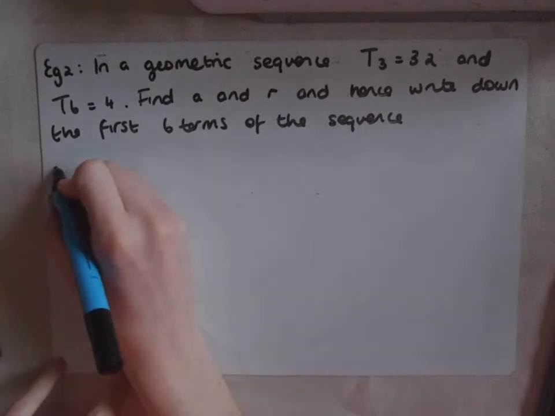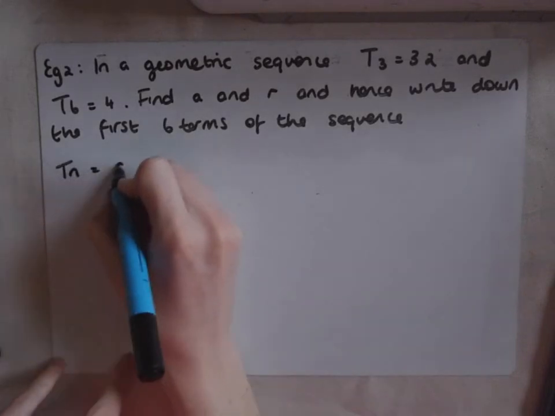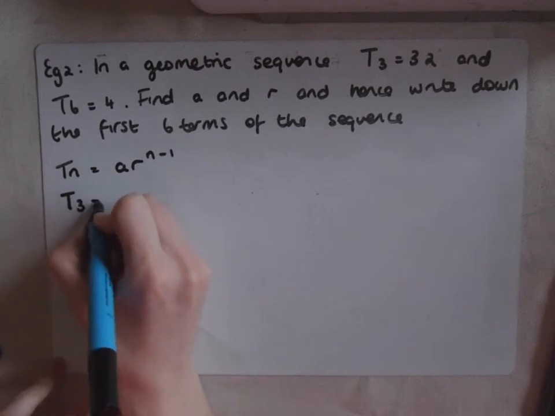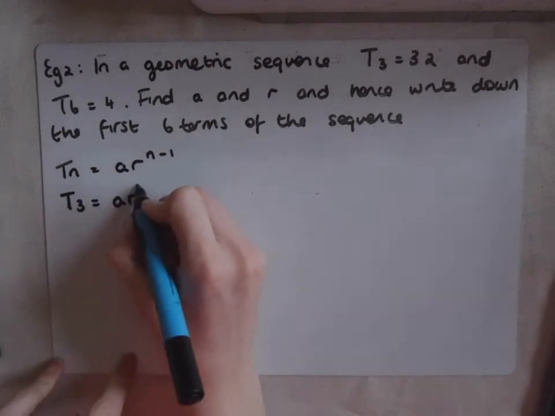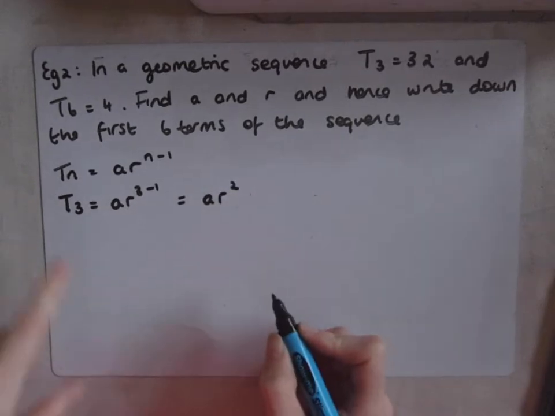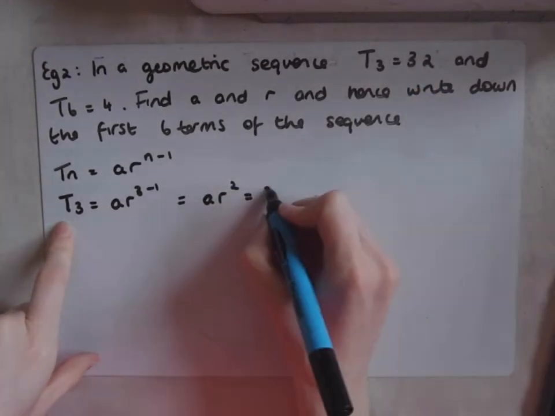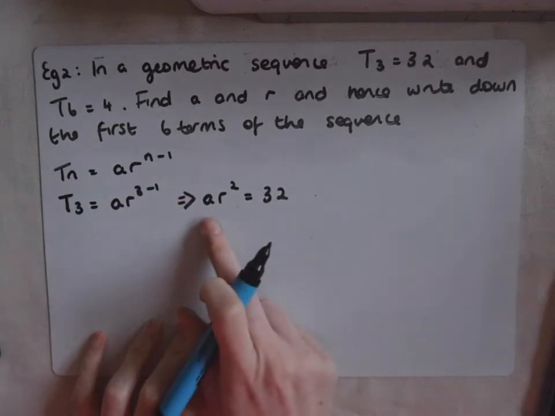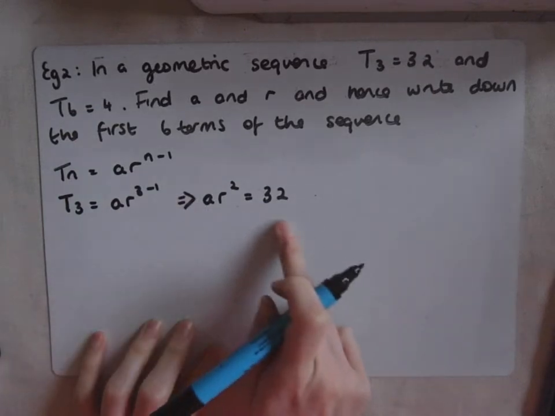So Tn is A r to the n minus 1. T3 is A r to the 3 minus 1, which is A r squared. And I know T3 is 32. So A r squared is 32. That's the first thing we have.